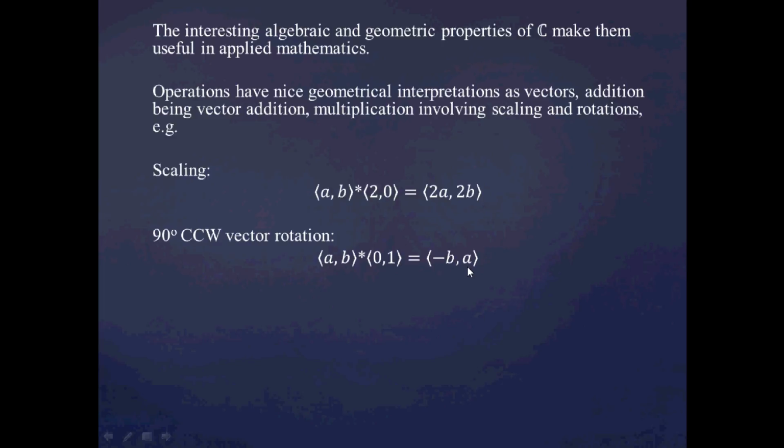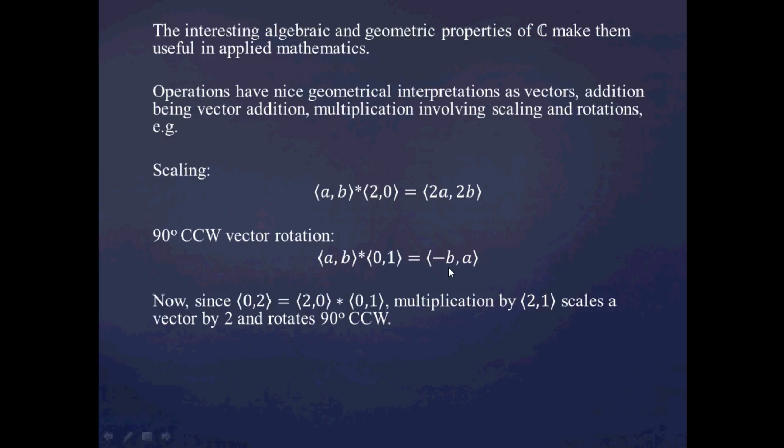And if you remember from your high school transformations, what's the relation between (a, b) and (-b, a)? Well, that's just a 90-degree counterclockwise rotation of a vector. So what I see here is that multiplying by i is going to transform this input vector (a, b) by rotating it 90 degrees counterclockwise.